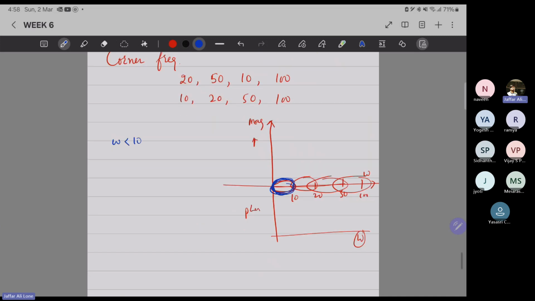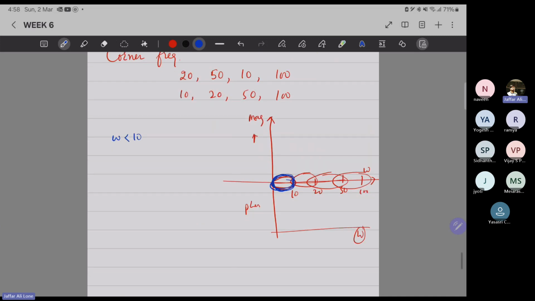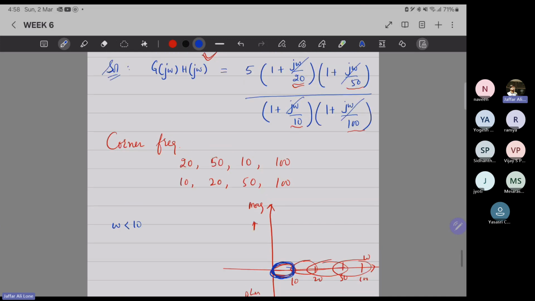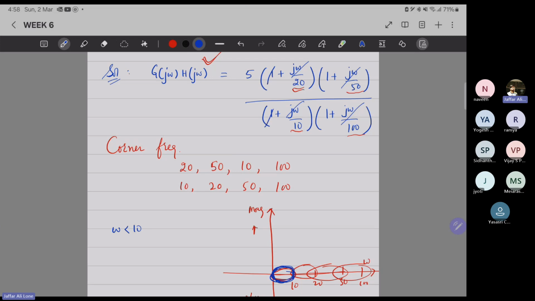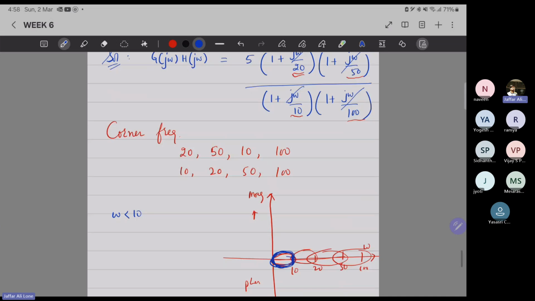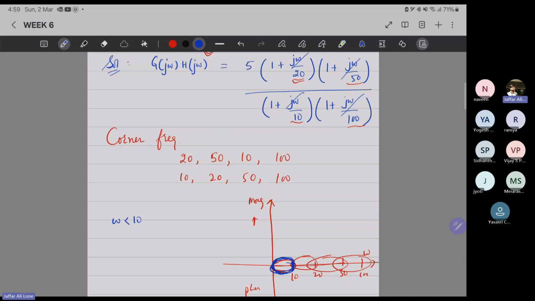Then when you reach this 10 point, you will ignore all omegas that are after 10, and you will ignore all ones which are below this 10. Whenever you are at corner frequency 10, when I wrote it in increasing order, you will ignore all the omega terms.